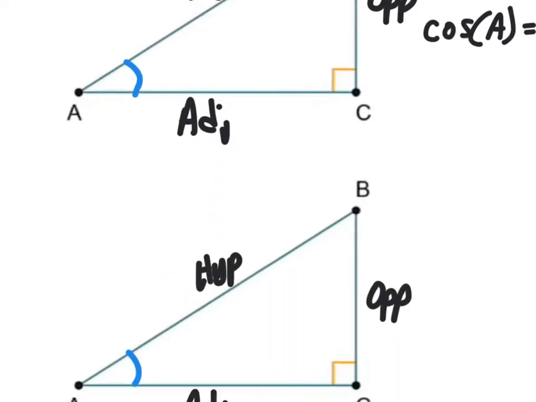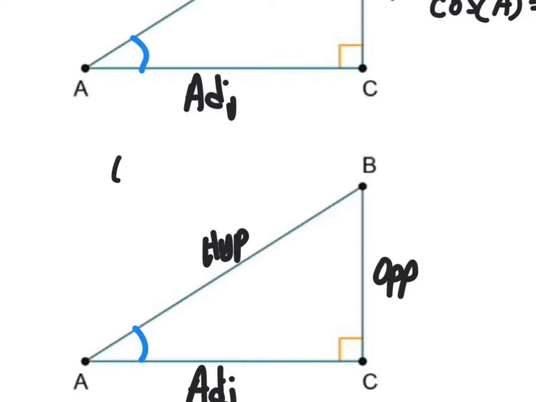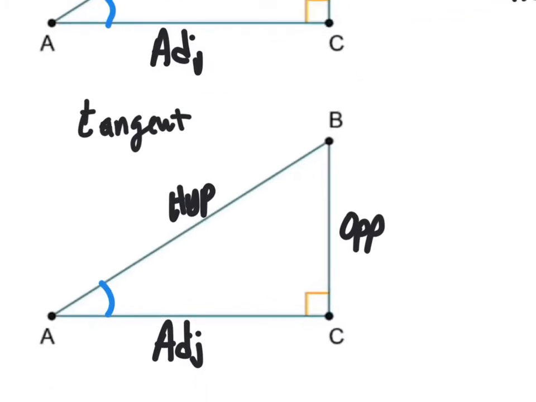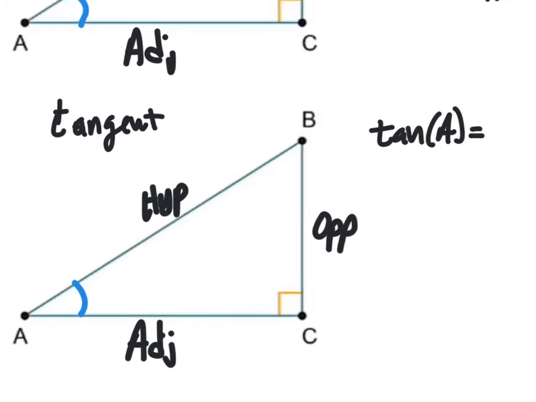Now, the last one we want to talk about is tangent. For tangent, I use the abbreviation tan. If I took tangent of angle A, what I would get is my opposite side divided by my adjacent side.